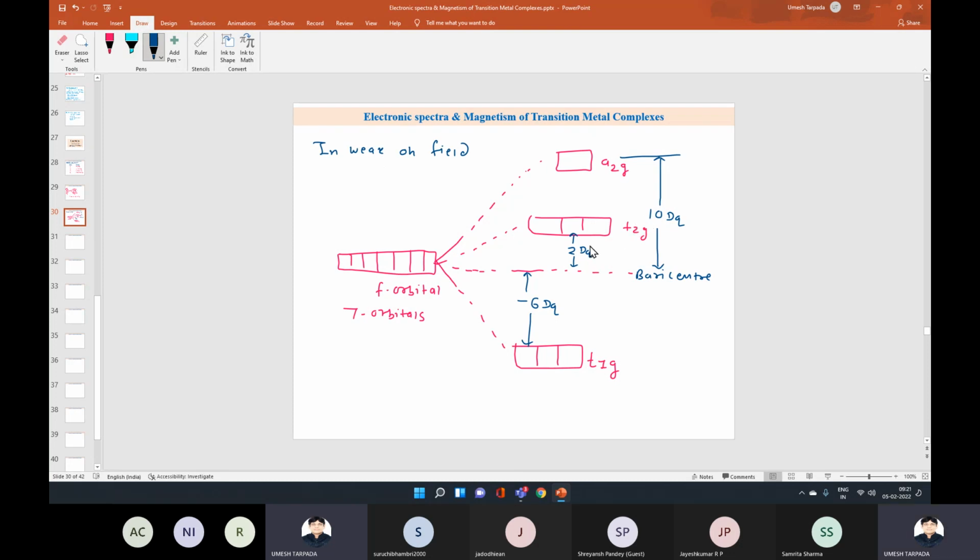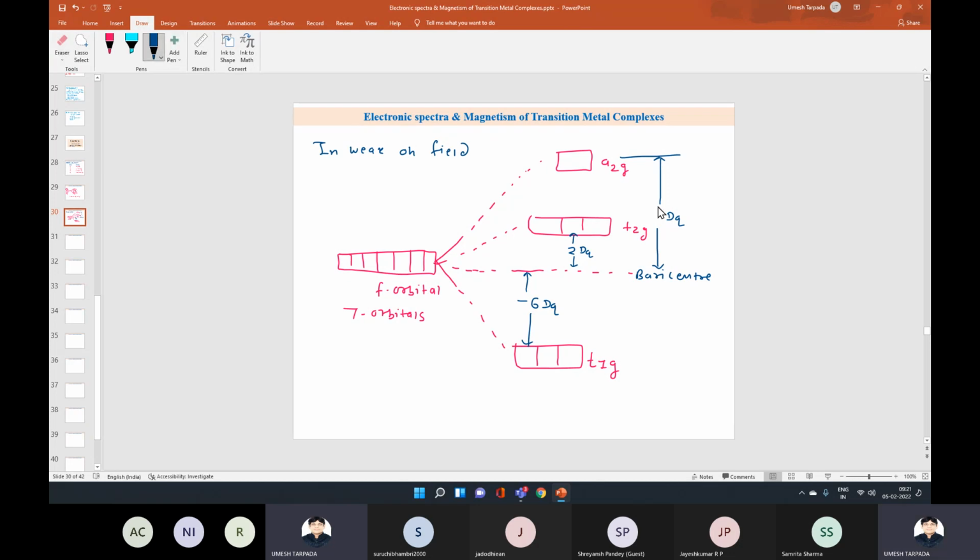So this is the way in which this orbital gets split. F orbital is split into various parts. Okay, it is not 10 dq, but it is 12 dq, because the definition of barycenter is equal distribution on both sides.